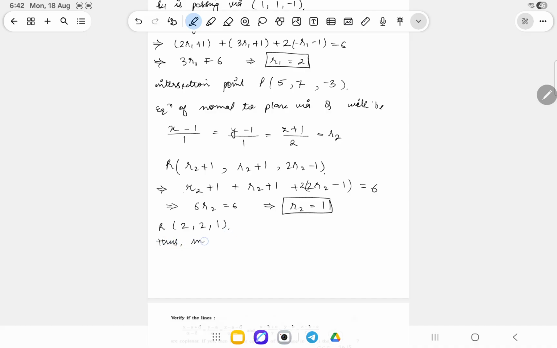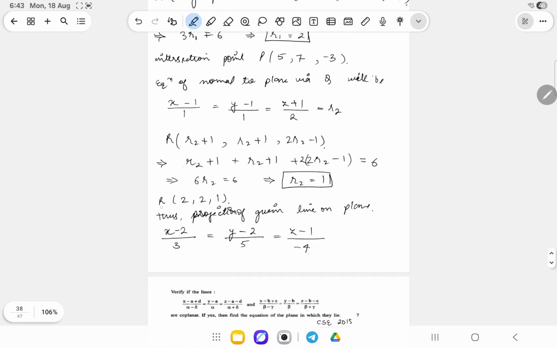Thus the projection of the given line on the plane is (x minus 2)/(5 minus 2) equals (y minus 2)/5 equals (z minus 1)/(minus 4). So this is basically the line passing via point R and point P. So this is the required projection of the line on the given plane.